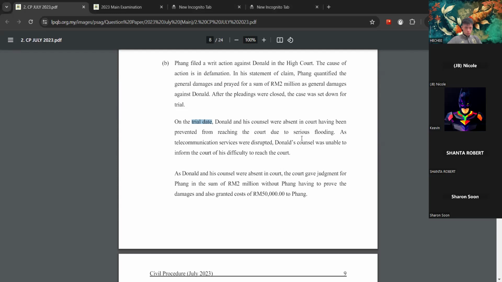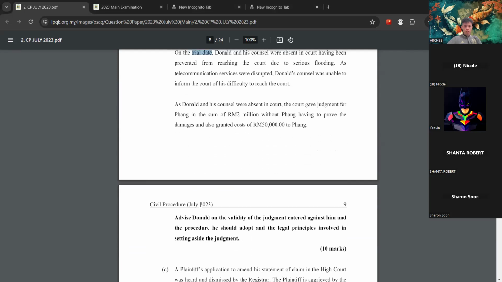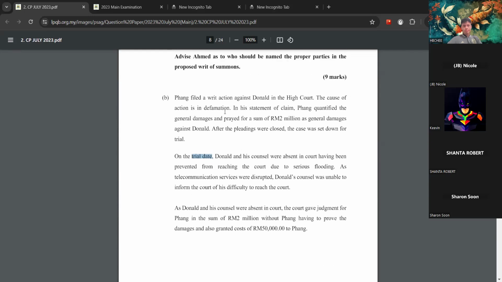Then going on to Order 35, Rule 2, the aggrieved party may file to reinstate the proceeding within 14 days, so Donald has to rely on Order 35 Rule 2 to reinstate the action within the 14 days by giving a good reason. Whether or not it's a good reason, we have to look into the facts.